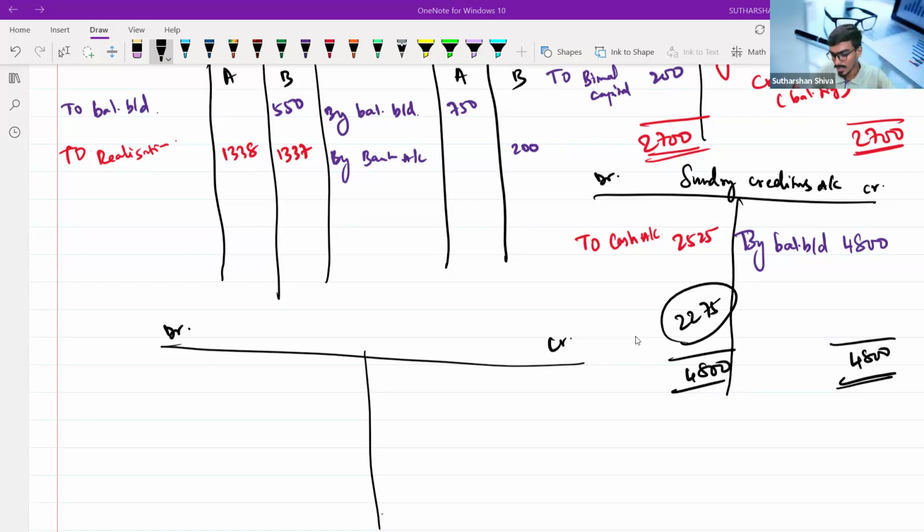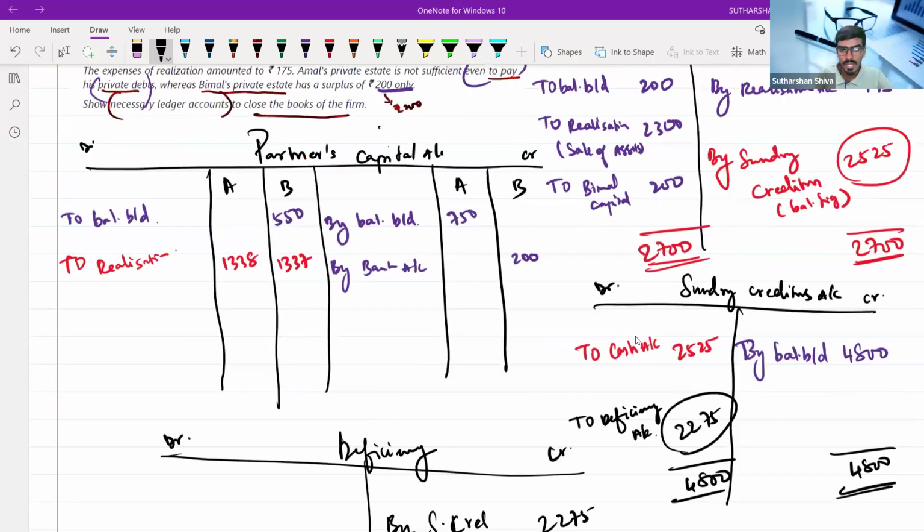For that purpose, this 2,275 will be transferred to one new account called the deficiency account. So I will open a deficiency account. On the credit side of the deficiency account, I will write by sundry creditors 2,275. Next, sundry creditors is done.